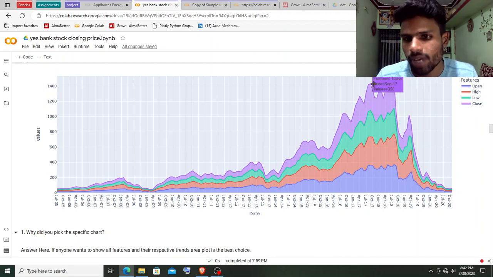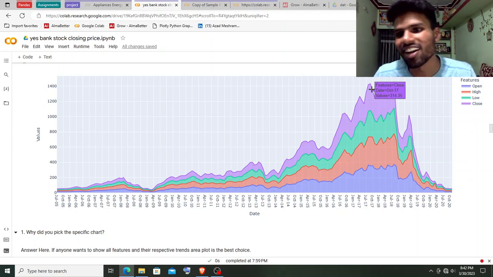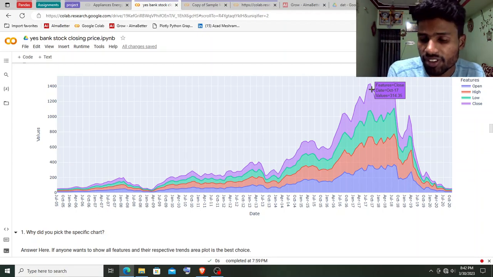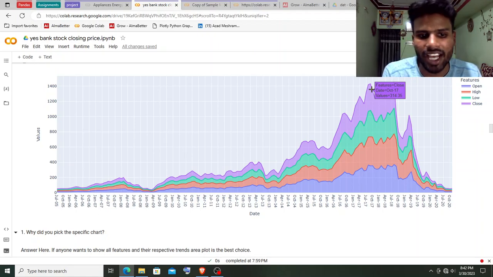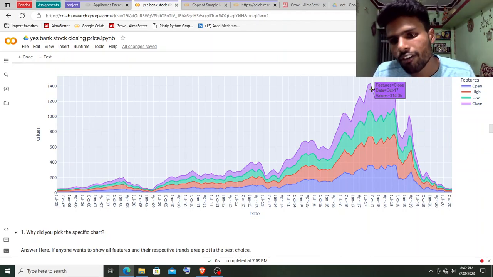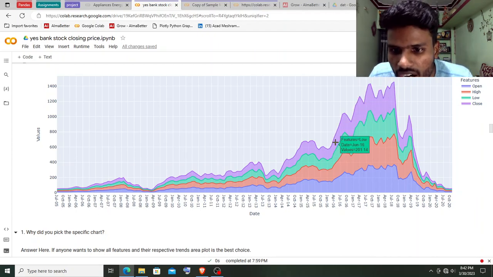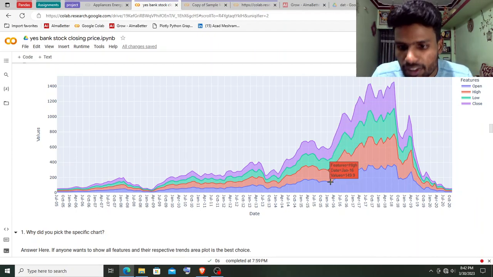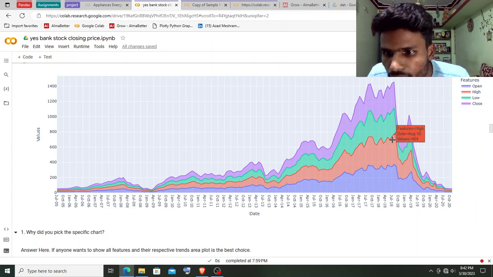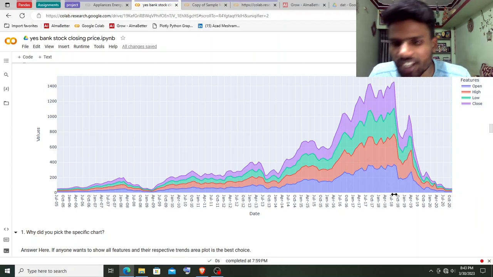Somehow Yes Bank achieved this high pace in a meantime, so that's why the mean is drastically increased. If this change had appeared gradually in the stock of Yes Bank, the mean might not be this far from its median, but this change is very much observed significantly from 2016 up to 2018, these 2 years.